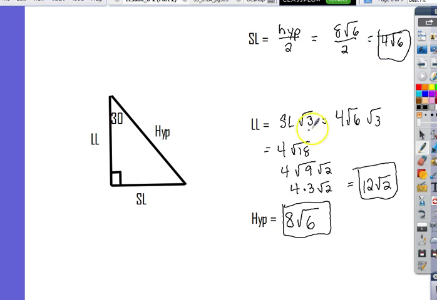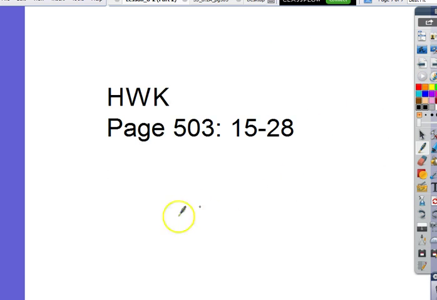So this was like 12, this was like 17, and this was like 19 and a half. That seems reasonable to me. The hypotenuse was the longest, so I'm okay there. All right, anybody have any questions about what I did? All righty. There's your homework.